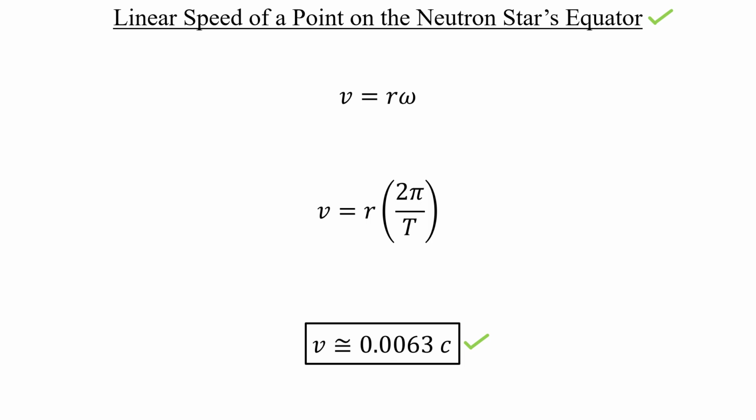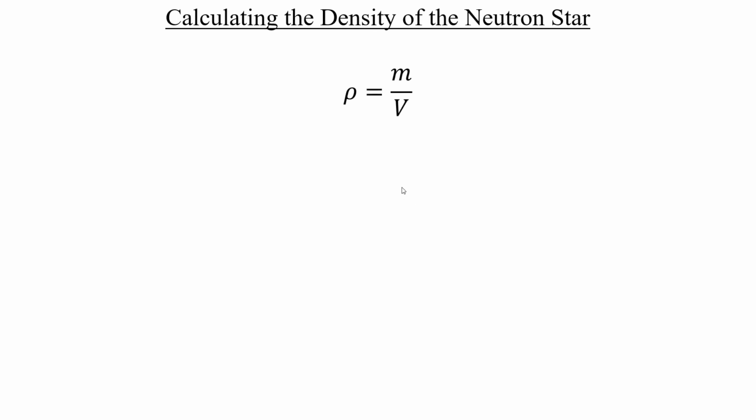Anyways, on to part D next. We're going to use this equation here to get the density of the neutron star by plugging in the mass for m, and then in the denominator we will use the volume of a sphere. So, a pretty simple approach here.